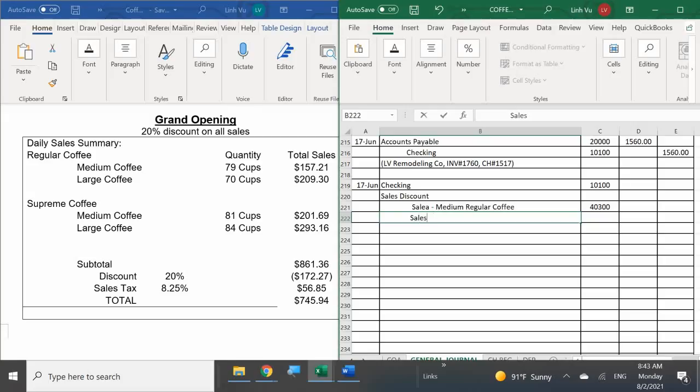Sales large regular coffee. We also have sales medium supreme coffee. And we also have sales large supreme coffee.